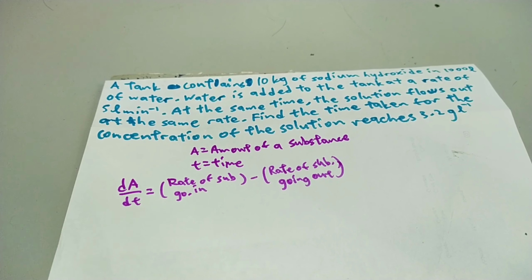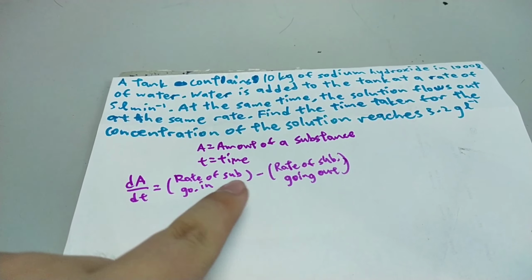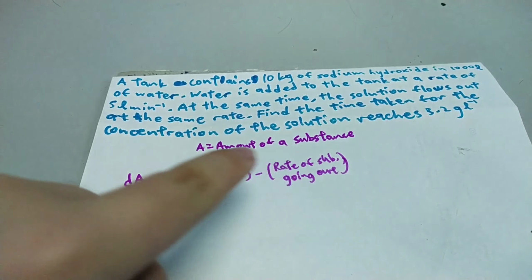Now, dA over dt is equal to the rate of substance going in minus the rate of substance going out.